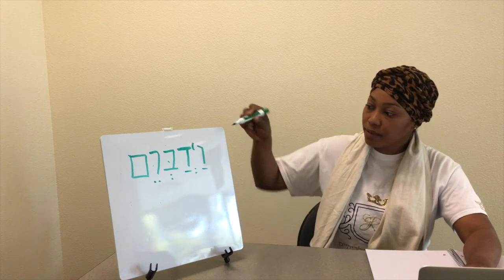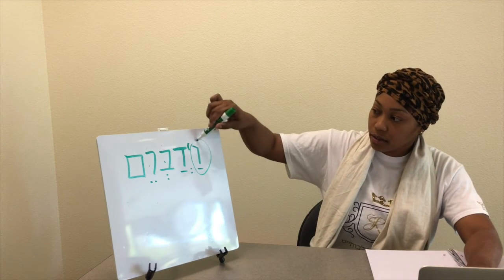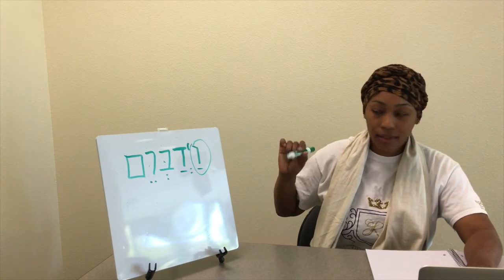So we know that Vav means and. So the most common Hebrew prefixes are and, in, like, which or who, from, to, and the. And so the and is represented by a vav.